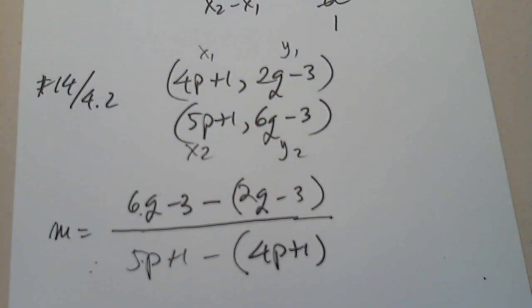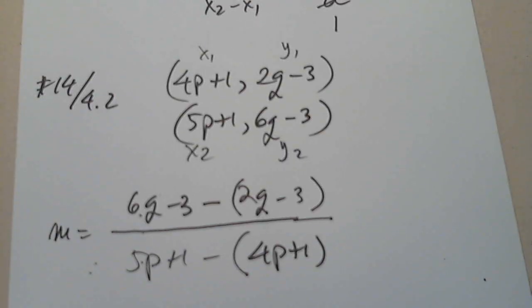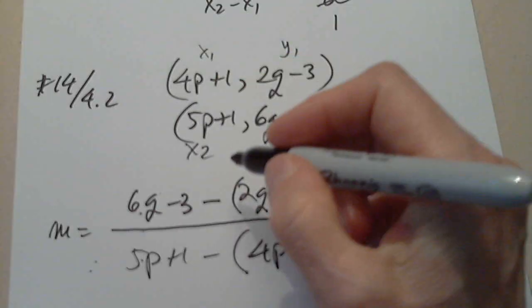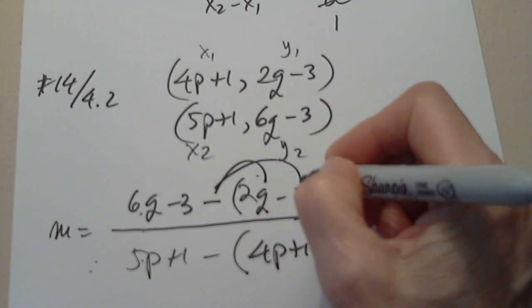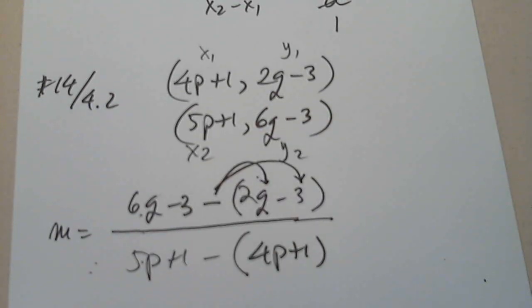Can anyone tell us why did I use parentheses? Why didn't I just leave it without? I use parentheses because that's a term. Yes, and because I have to subtract both terms. If I only put minus in front of the first term, I'm not subtracting the second one.